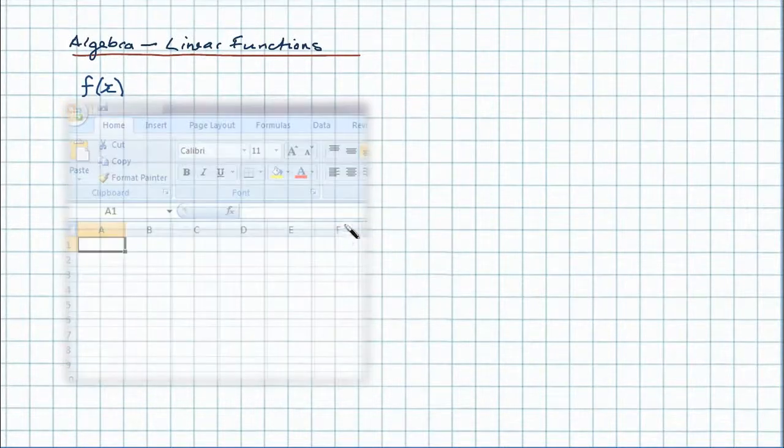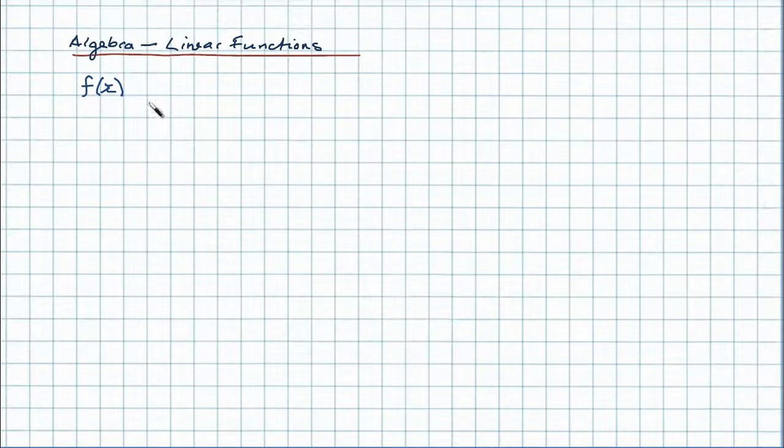Okay. So what I'm going to do is write f of x equals, and we'll just use a very simple expression that we've looked at in previous set of videos, something like x plus 3.